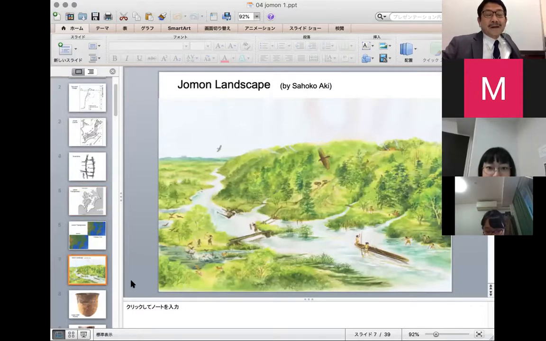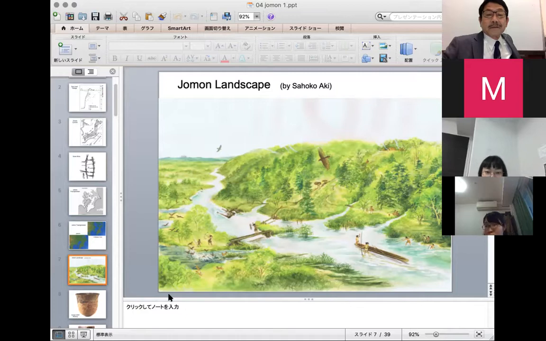Remember the landscape of the Paleolithic period, a spruce forest of conifers and grass only, a very cold kind of environment. It turns into this type of environment, which is close to what we see today too. You see various types of trees, conifers and broadleaves and others.